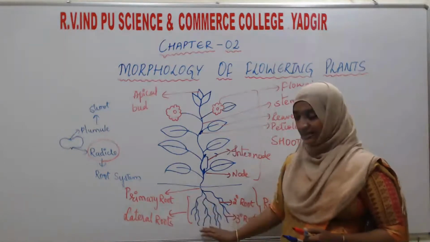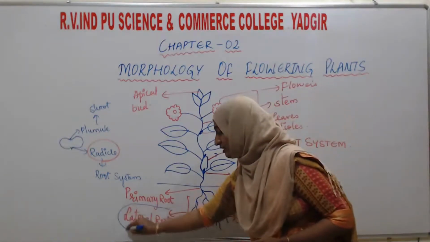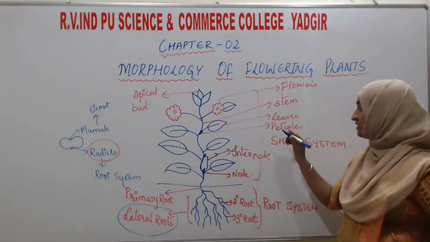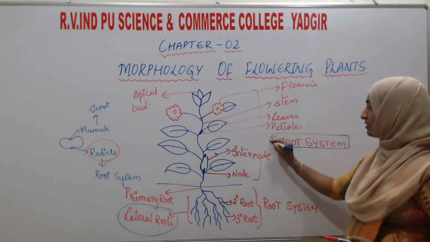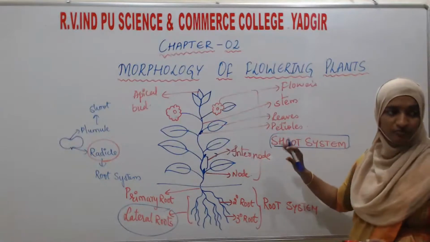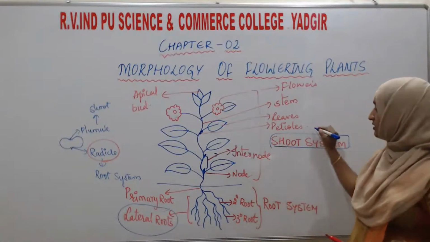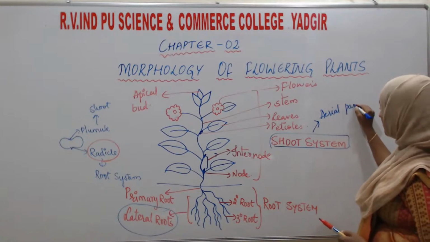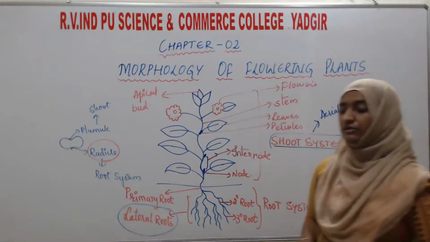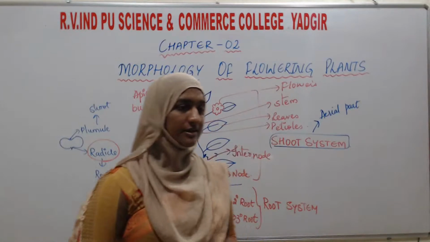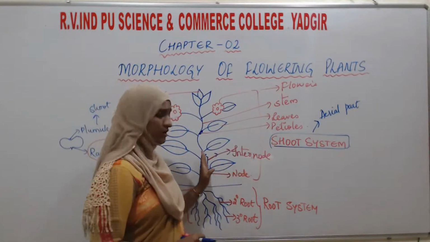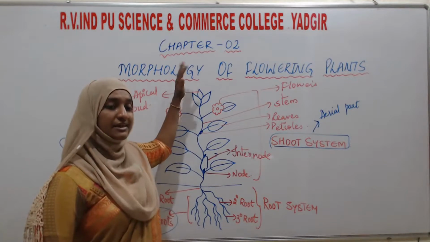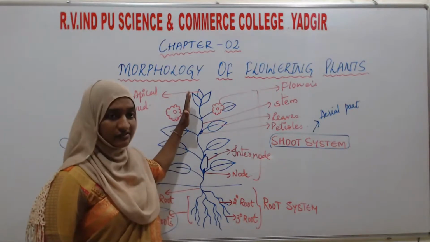The secondary and tertiary roots are known as the lateral roots. Then the shoot system, which is composed of many parts, is in the aerial part of the plant. Here it has a slender structure which is towards the upper side of the earth surface.